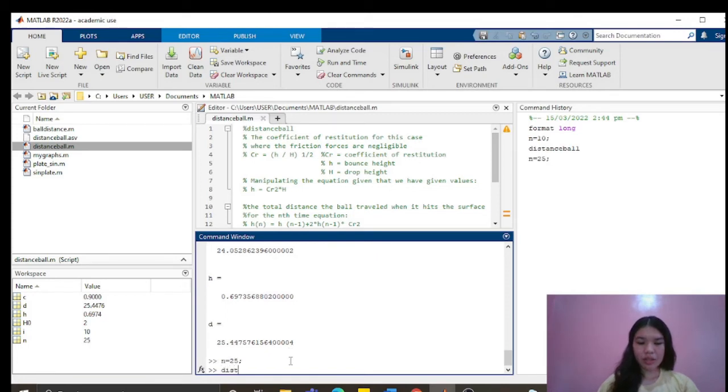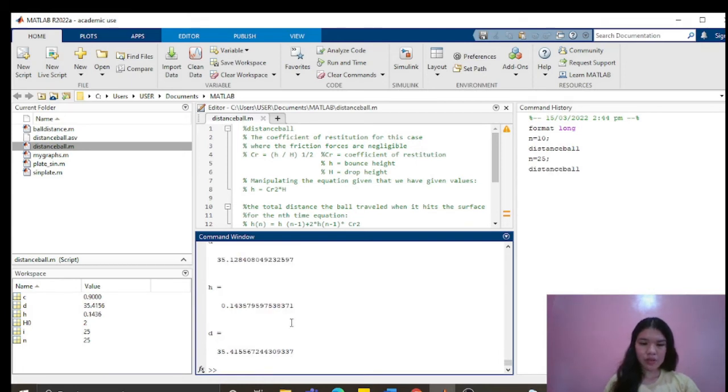Again, type in the file name. As you can see in D, 34.8, the next 35, the next is still 35. It still has changing digits, so we try another.